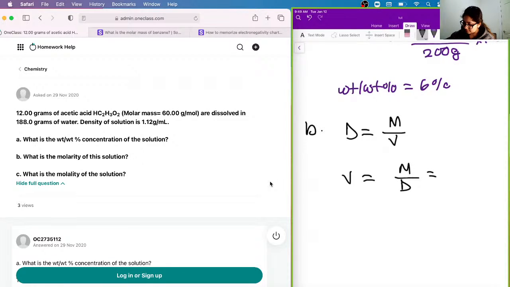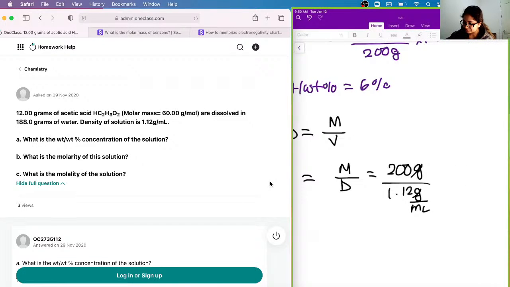So we can just write 200 grams over our density, which is given, 1.12 grams per milliliter. Okay, you can see your grams get cancelled out, and what you're left with is 178.